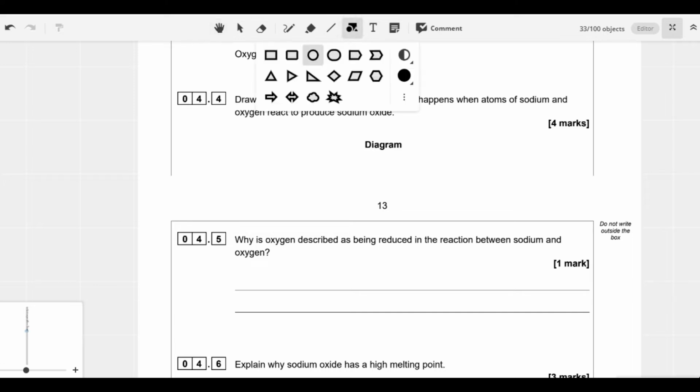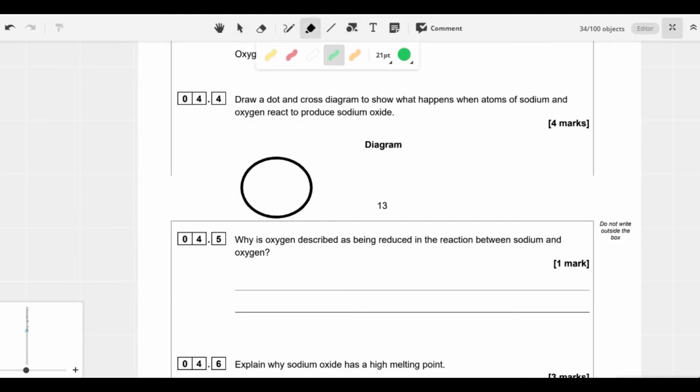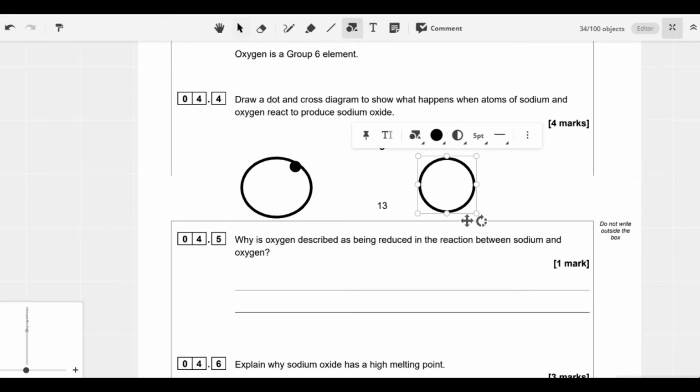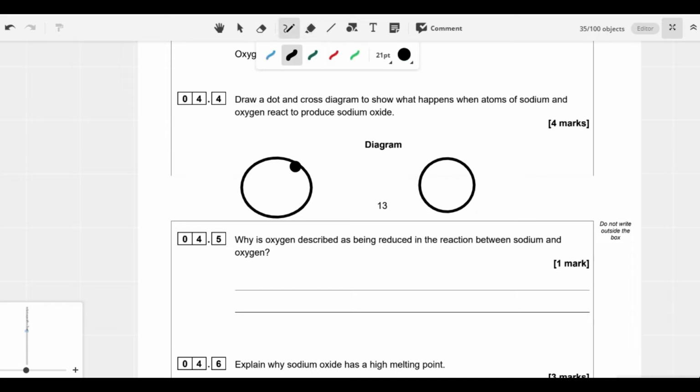For example, I'm going to draw only the outermost shell. Here is sodium, whose outermost shell contains only one electron, and the second one here is oxygen, which contains 6 electrons in the outermost shell.